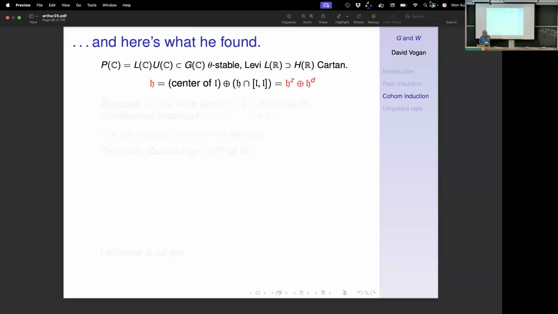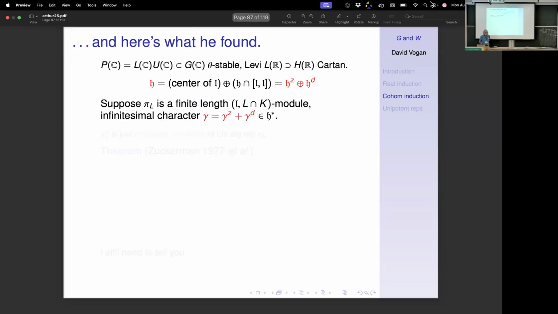Probably it stands for dérivé because we're in Canada. So it's bilingual, German and French. So suppose I've got a representation of L, and it has infinitesimal character, which I'm going to break into its central part and the derived group part. The central part is just the character of the representation on the center of the Lie algebra.